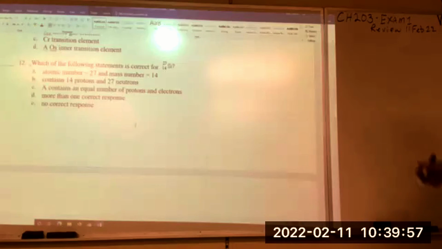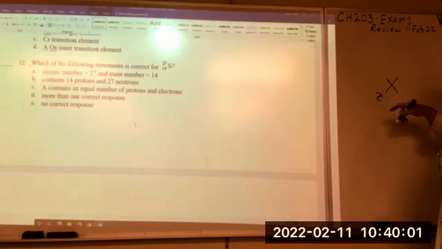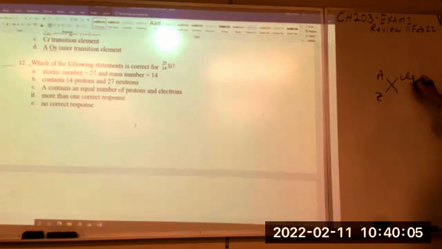All right. We know our elements. We have atomic number, mass number, charge, and number of atoms. So the mass number is equal to Z plus the number of neutrons.